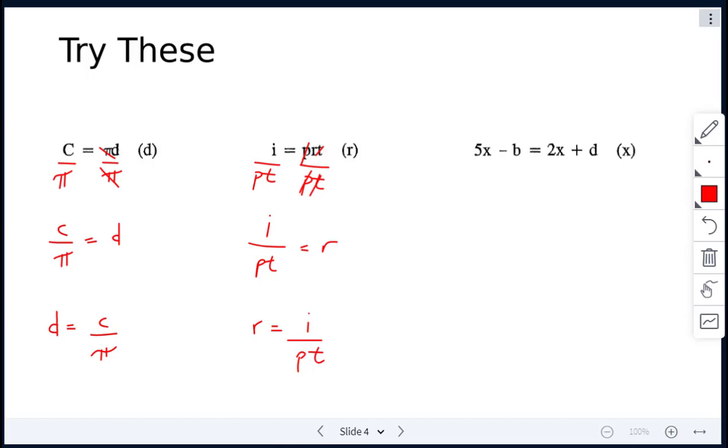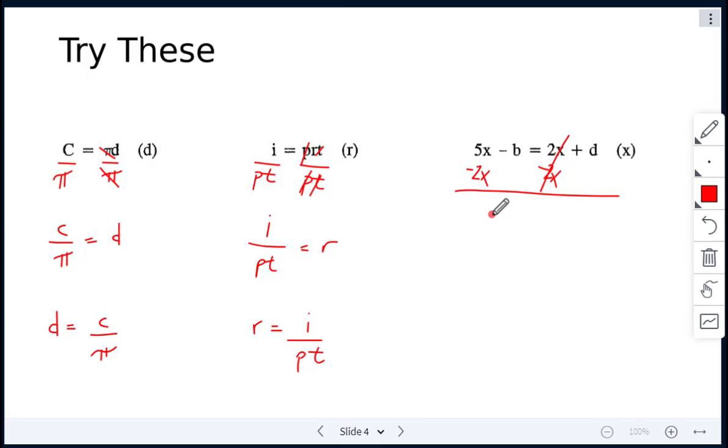All right, so for this one here, 5x minus b equals 2x plus d, we need to isolate the x. So the first thing I'll do here is I'll subtract the 2x, and we can collect that here with the 5x, subtract it on both sides.